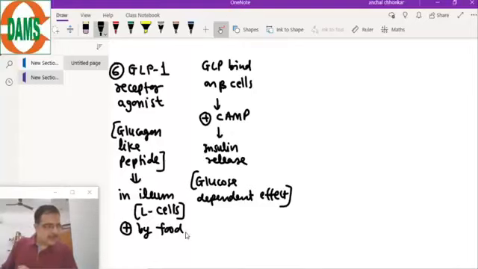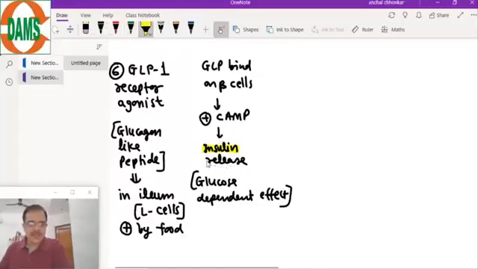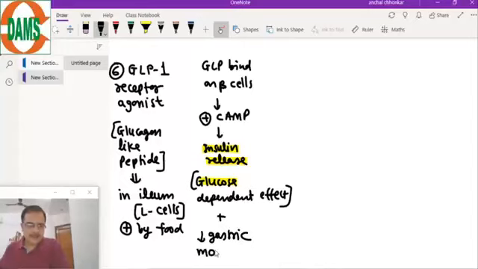Yes, GIP is also released, and there are other effects of GLP. Besides the insulin release in a glucose dependent manner, they also decrease the gastric motility. Early satiety, food intake will be reduced.